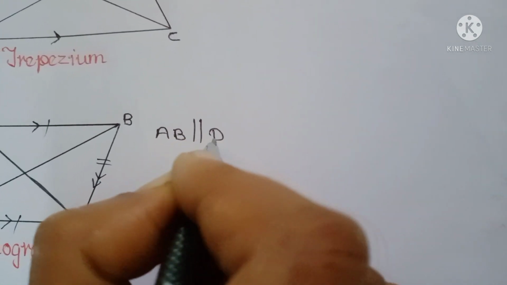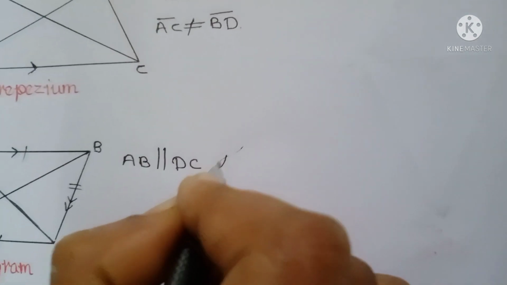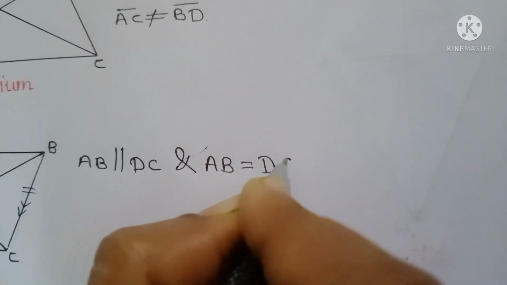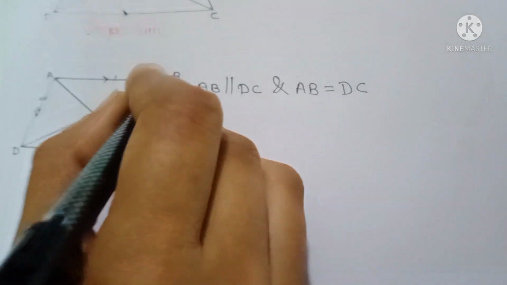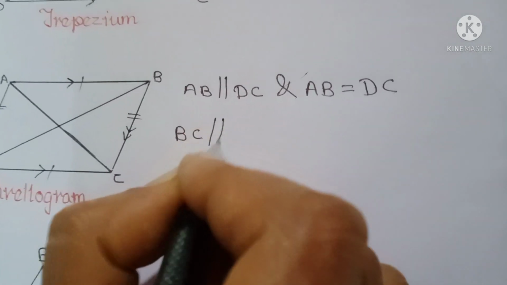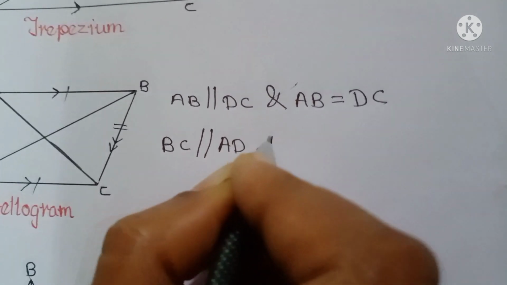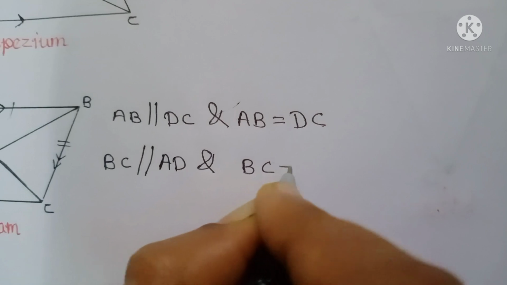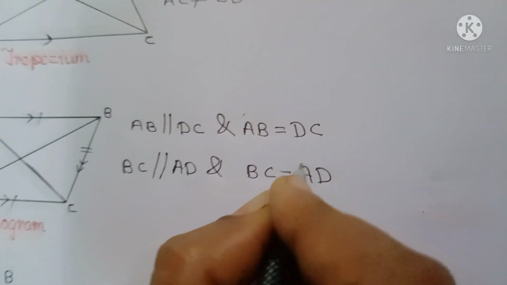AB parallel DC and AB equal to DC. Another pair, BC parallel AD and BC is equal to AD.